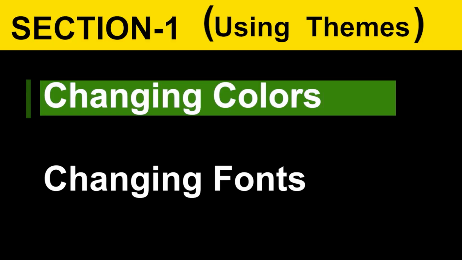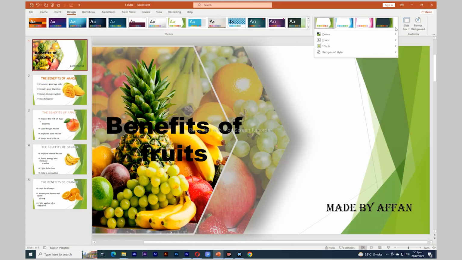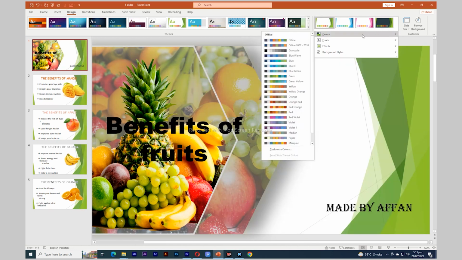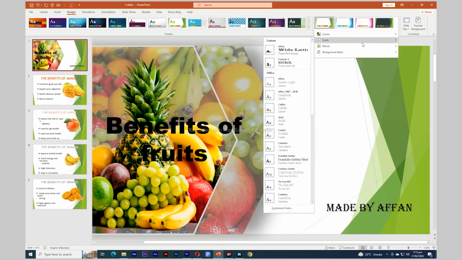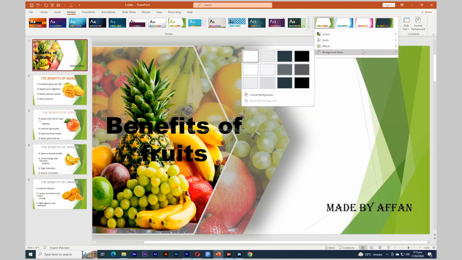But wait, we are still not done with themes. There's more. You can customize your selected theme to make it truly unique. For this, we will use the variant group. Changing colors. Click this button in the variant group. A drop-down menu will open, which contains colors, fonts, effects, and background styles.